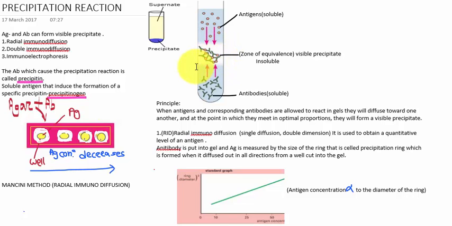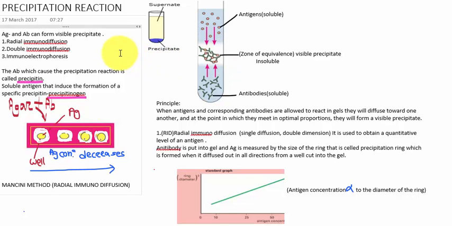So, what is the precipitation reaction? Precipitation reaction is an interaction between antigen and an antibody where the antibodies are allowed to react with the antigens. Both the antigens and antibodies diffuse towards each other, and at the point in which they meet, that is the optimal proportion, they will form a visible precipitate, that is called the zone of equivalence.